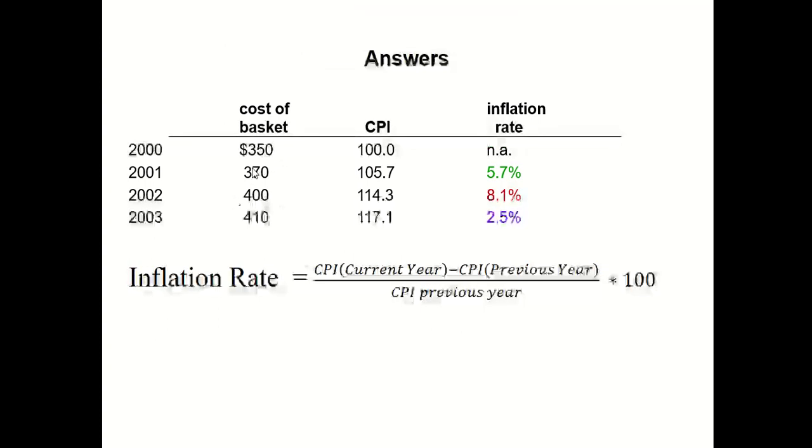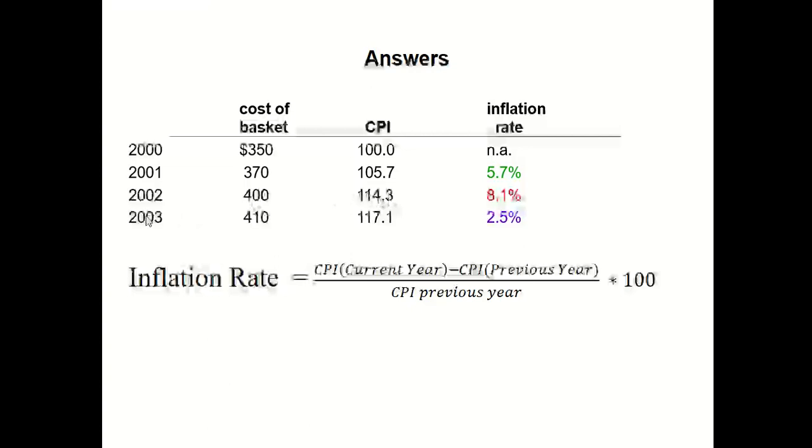So for this question, we have considered 2000 as base year. So in order to calculate CPI for year 2002, we have to divide 400 by 350. That is 400 divided by 350 multiplied by 100, we get 114.3.